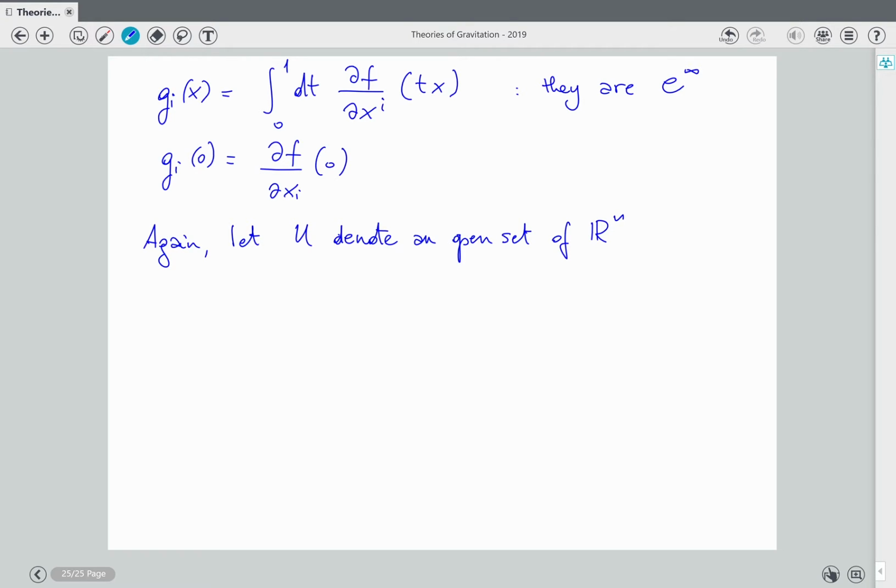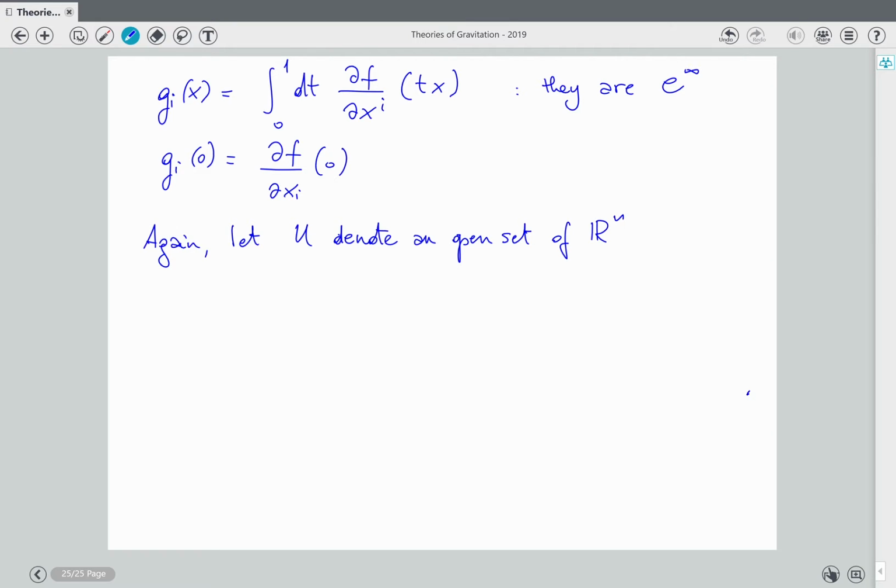So we work with an open set of Rn because, as we said yesterday, when we want to describe a manifold, we can describe it as a collection of open sets that cover the manifold, and then when we move in the intersection, we have rules to make a change of coordinates and then continue on another chart. So it's useful to first focus on a single open set of Rn, because then every portion of our manifold will be diffeomorphic to that.